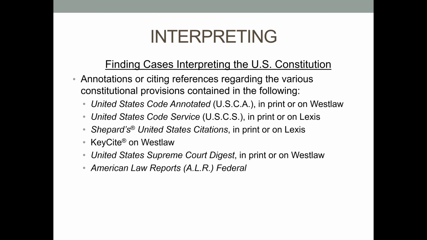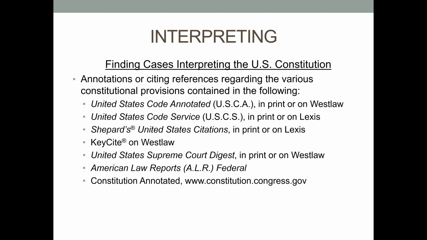Finally, there are the American Law Reports, or ALR, a secondary source which is very helpful, consisting of articles that are usually on cutting edge topics of all different types of areas of law, including constitutional law as well. And if you have the federal version of American Law Reports, then it will include issues of federal constitutional law.